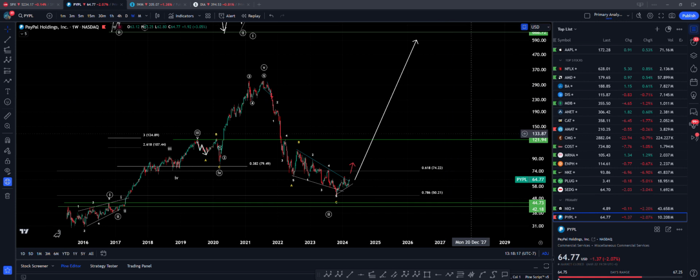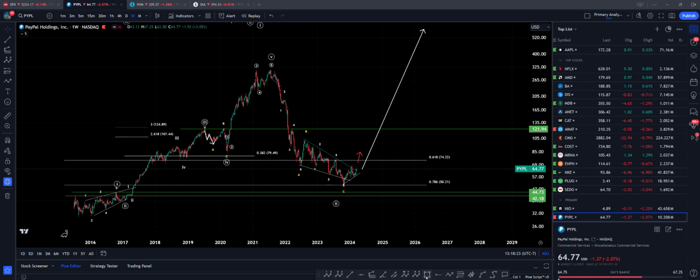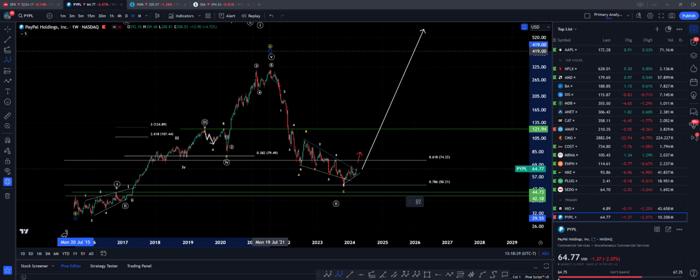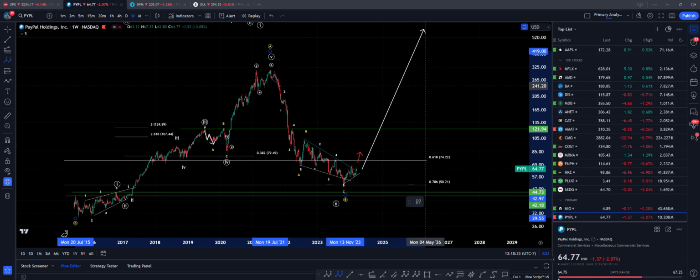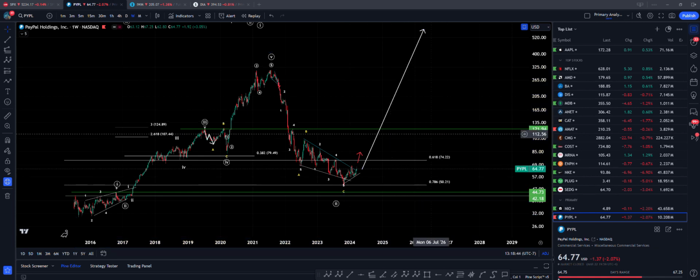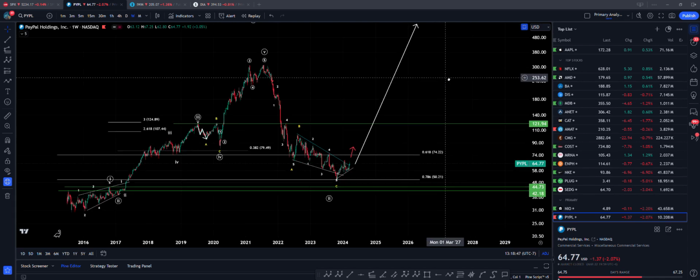Otherwise, this was just one complete impulse, could be marked as an A leg. If, let's say, PayPal is a business which is not going to do well and is not going to be innovative anymore, this may be an A leg, this may be a B leg within an ABC, and now we may be looking at something of a C rather than a 3, where it goes up but not to that much extent, or it may go sideways, right? So it may do another correction pattern here before anything else comes up.